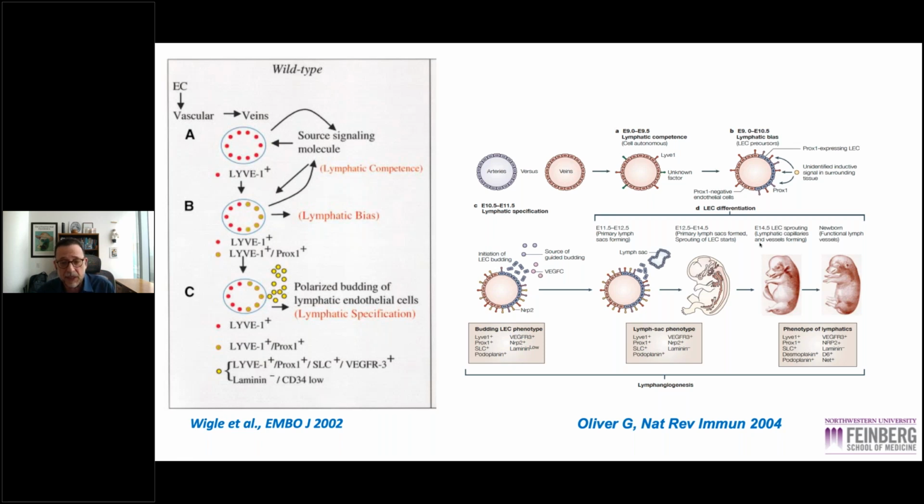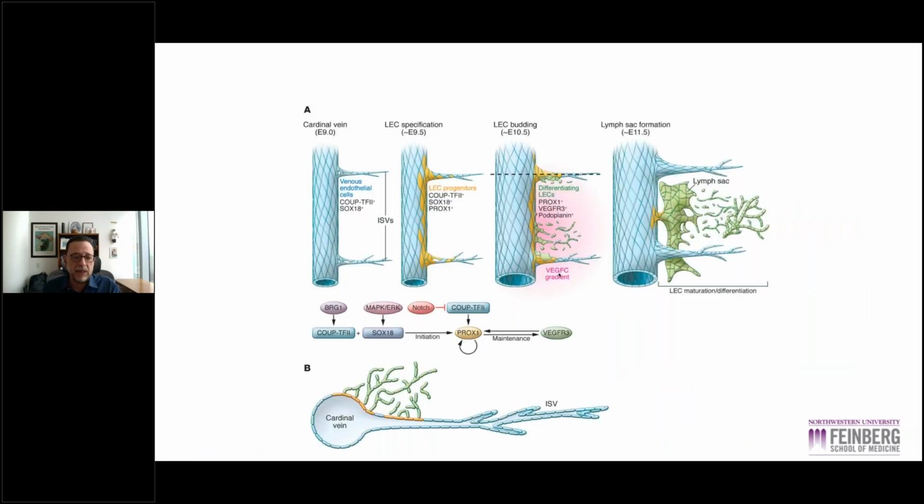When you delete VEGF-C, the lymphatic endothelial cells do not move away from the vein. They remain all stuck in the vein. Lymphatic cells form, but they don't move away. So we added this new marker here. As you can see, we know in the mesenchyme there is VEGF-C, which is required for that. This was the model we had in 2004, more or less. It has been improved, but this is more or less where we stand. And now, as I said, it's a little bit more sophisticated model.